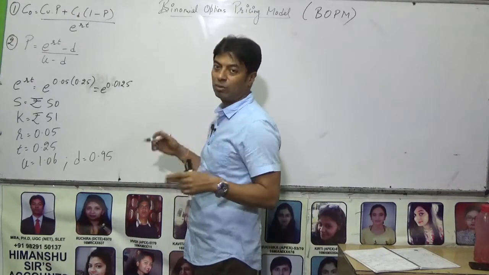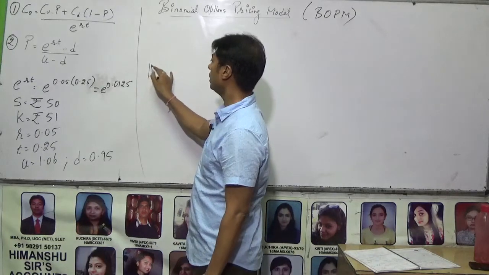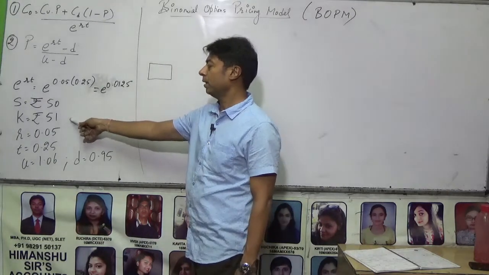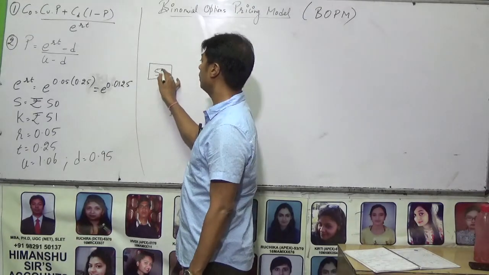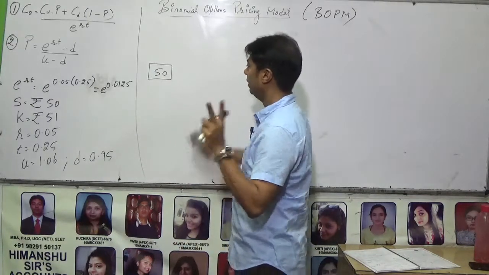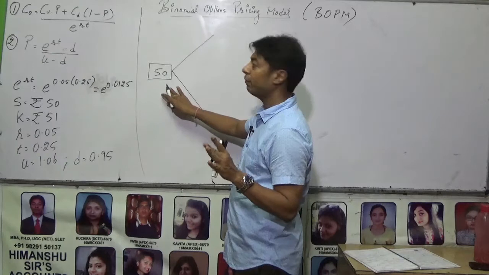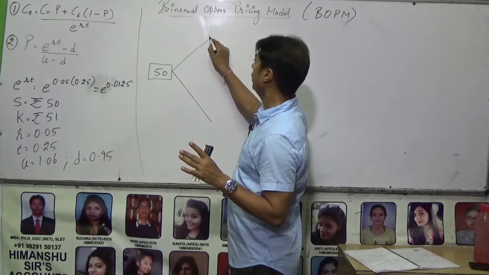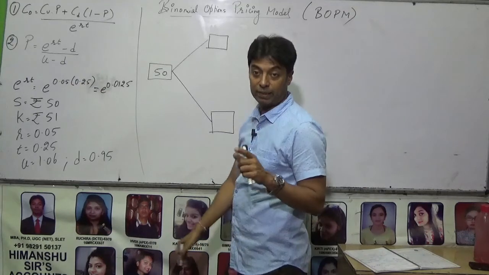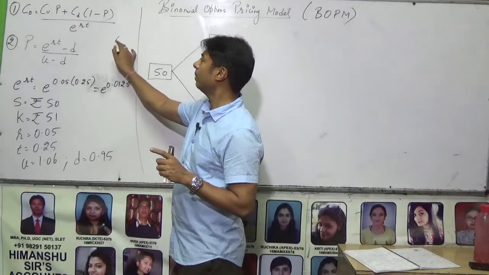First of all, we are going to construct the diagram for the binomial option price. Remember, the strike price is 51 and the spot price is rupees 50. There are two stages, right? And two stages means, first of all, the value can either increase or decrease.